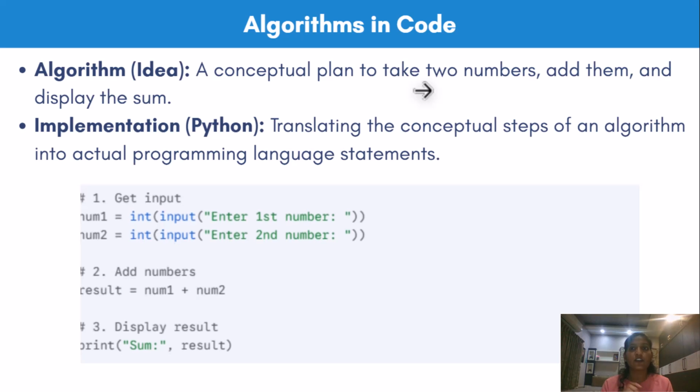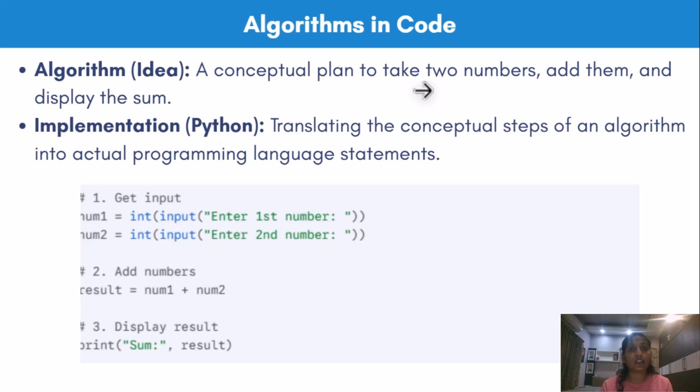Suppose we want to add numbers and display them, so how we can plan is, step 1 take two numbers, step 2 add them, step 3 display the result. So these are stepwise. So you will understand what we have to do first, what is the next step, what is the third step. It might look simple because the code is simple here.